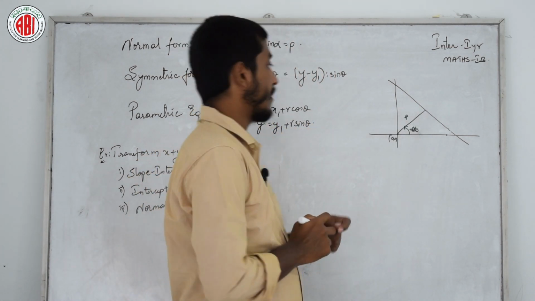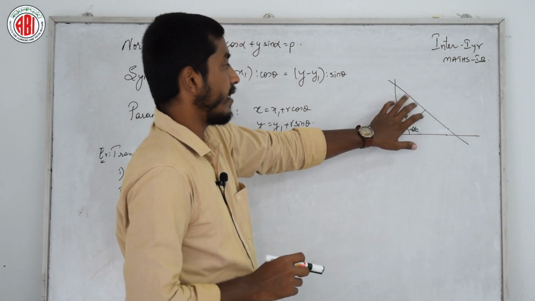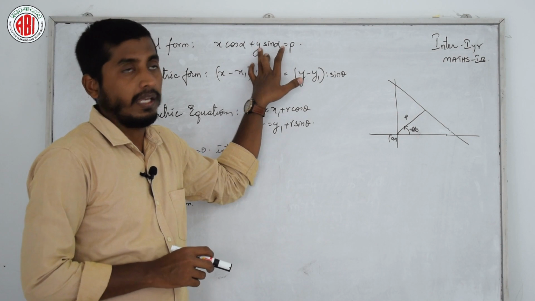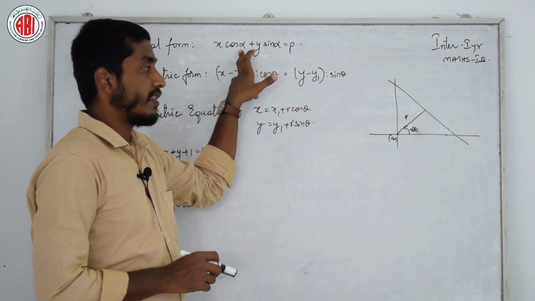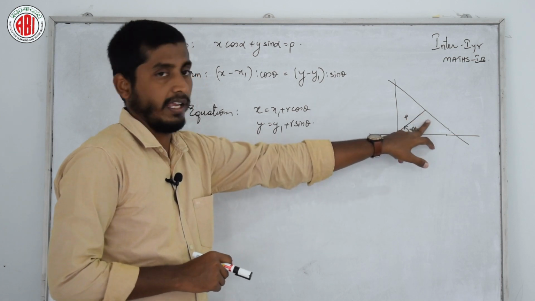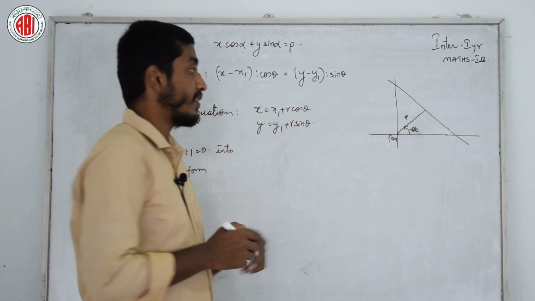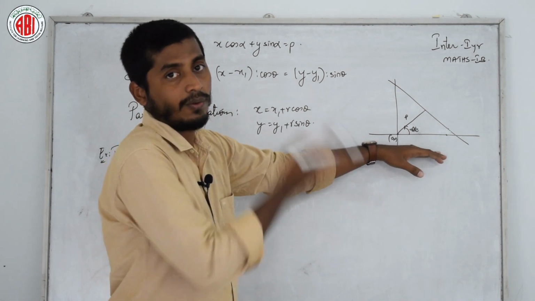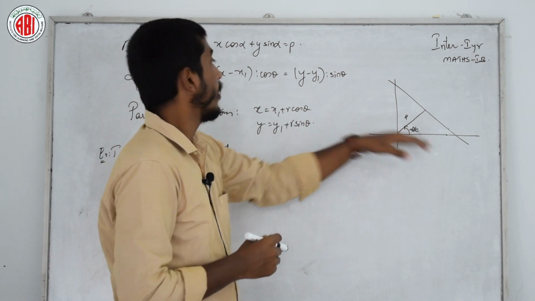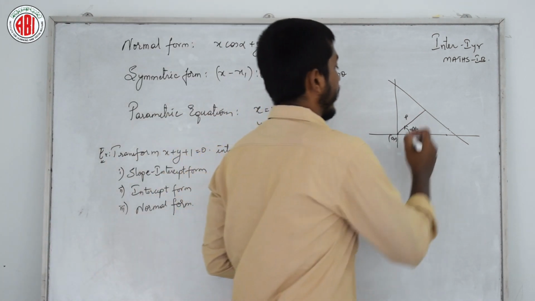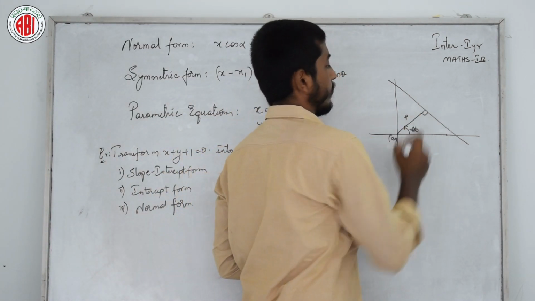Okay, by simplifying this we can simply write this equation as x cos alpha plus y sin alpha equal to P, where alpha is the angle made by the perpendicular from origin to the line with the x-axis in the positive x direction, in the anti-clockwise direction. Where P is the perpendicular distance from origin to the line.